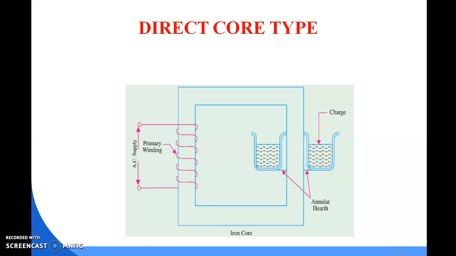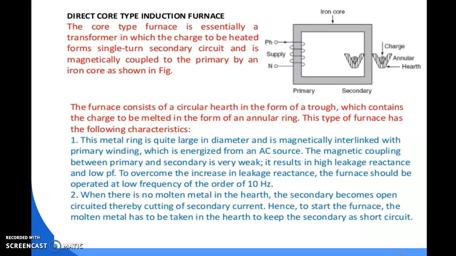Before that, it is an open circuit on the secondary side. When it is in the form of molten metal, it forms a short circuit on the secondary side. That is the theory.